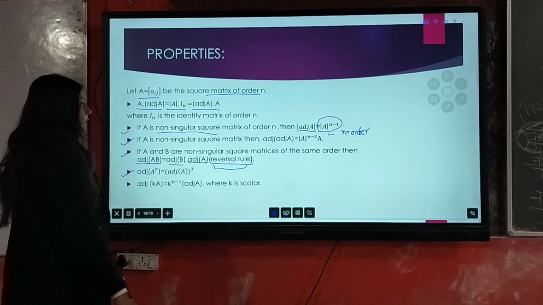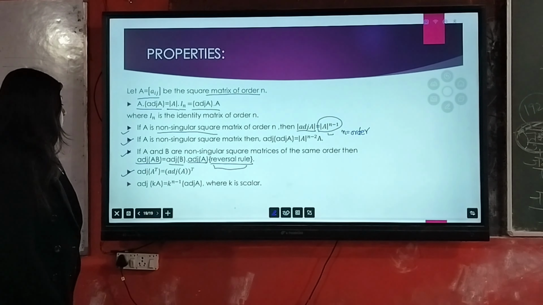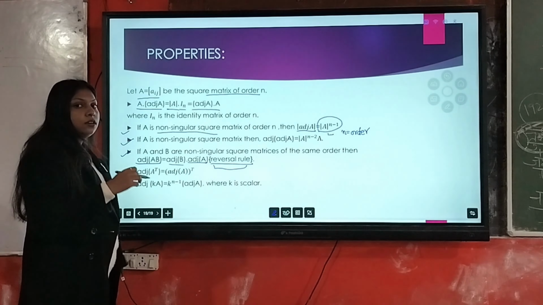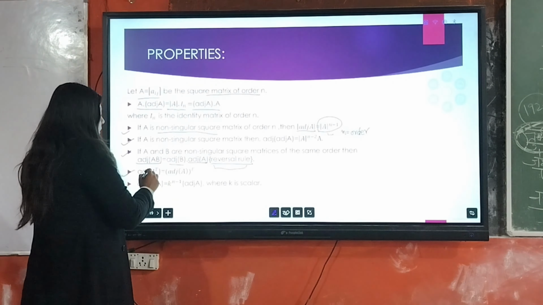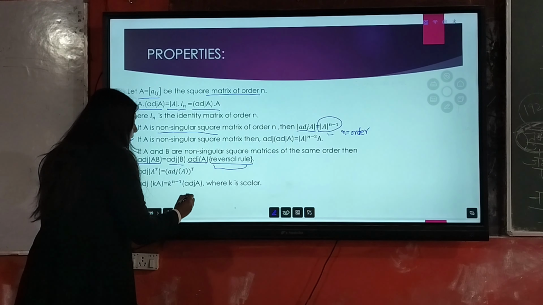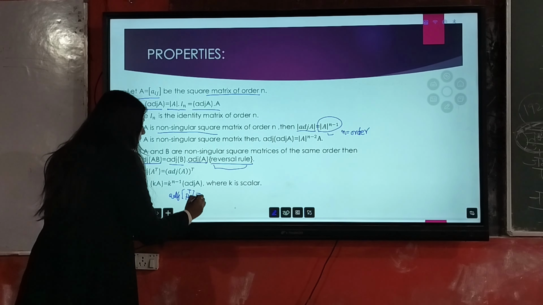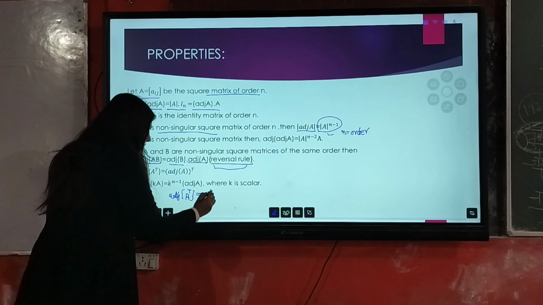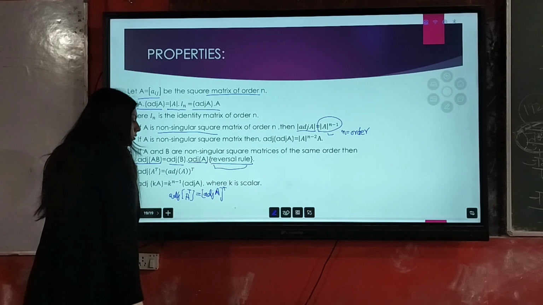Now we are moving towards our fifth property. Adjoint of A transpose is equal to the transpose of adjoint of A. Means if we take the transpose of a matrix and find its adjoint, it is equal to the adjoint of the original matrix and then taking the transpose.